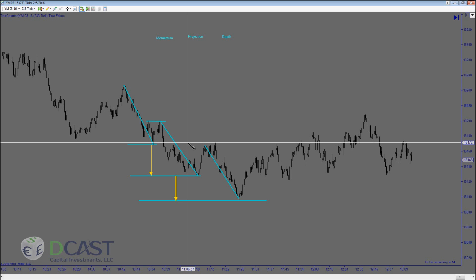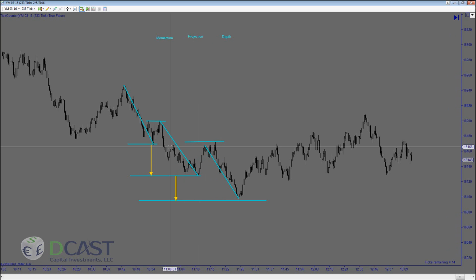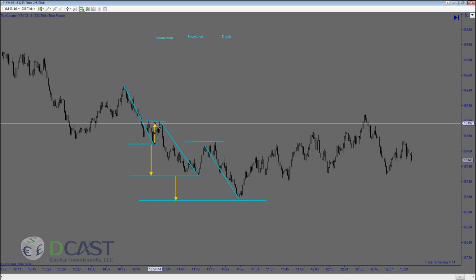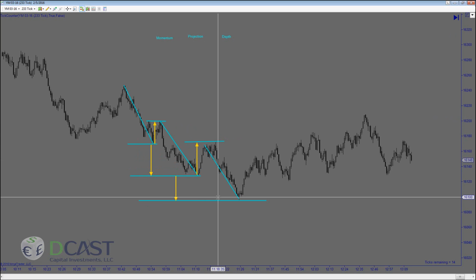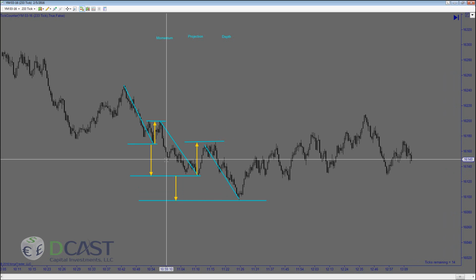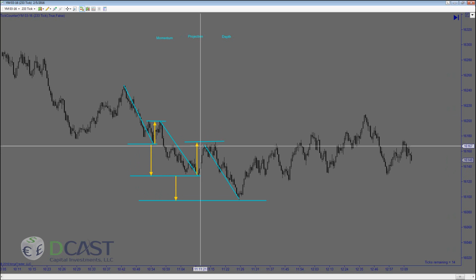Now here we want to grab the highest point because that's what price achieved. Okay, so here we see that projection has decreased. We see that depth has increased.